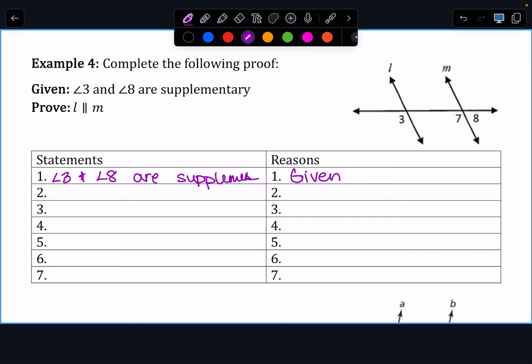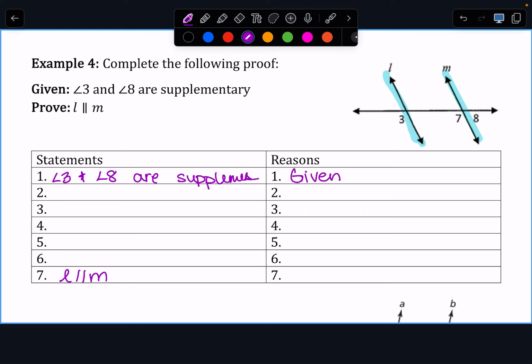Okay, we eventually want to prove that L and M are parallel. Looking forward, if I want to end with L and M parallel, what two angles do we need to focus on being congruent? 3 and 7.